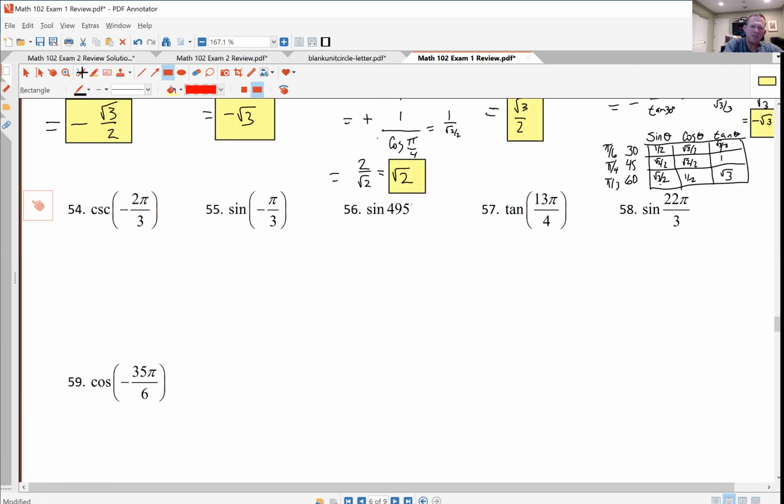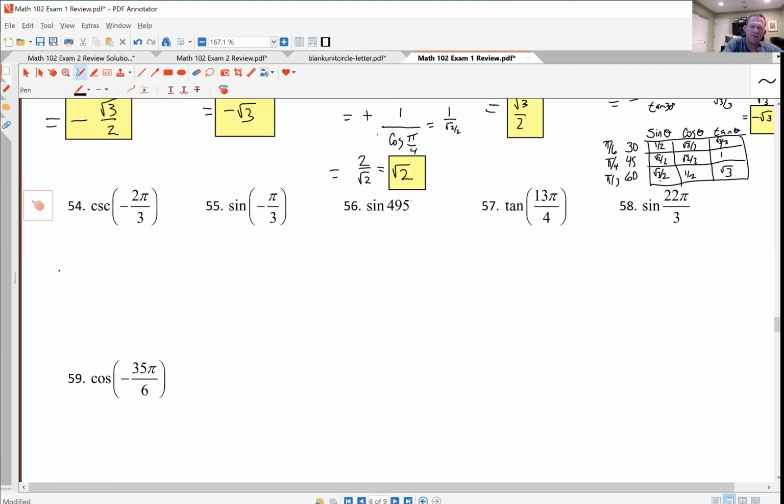All right, cosecant negative 2 pi over 3. Negative 2 pi over 3 sits in quadrant 3, and that's 1 over the sine of negative 2 pi over 3. And so sine of negative 2 pi over 3, the reference angle is pi over 3.